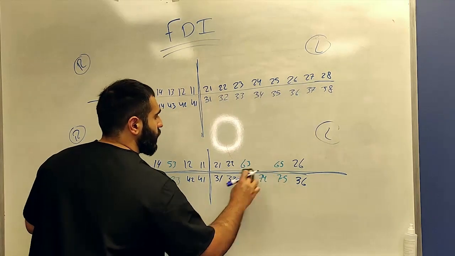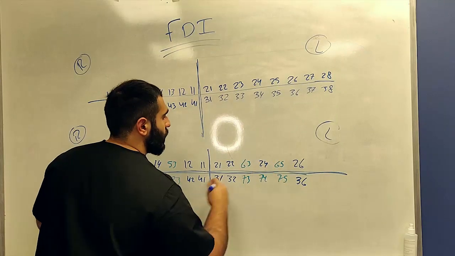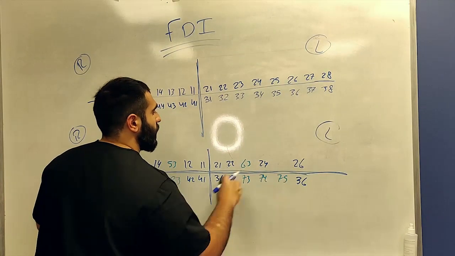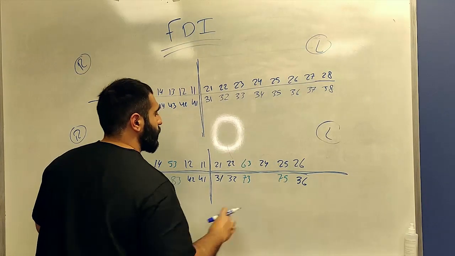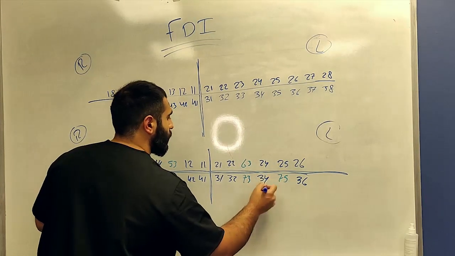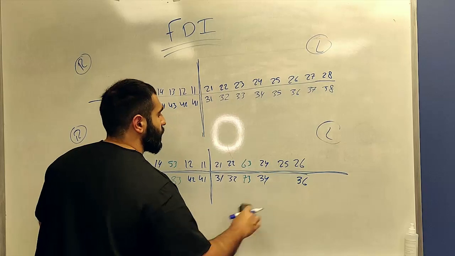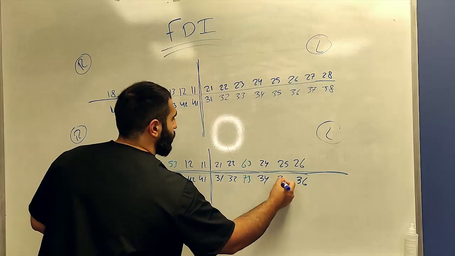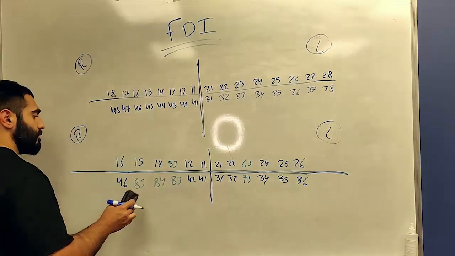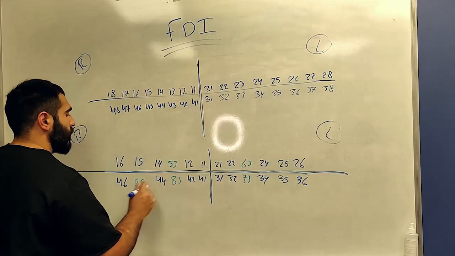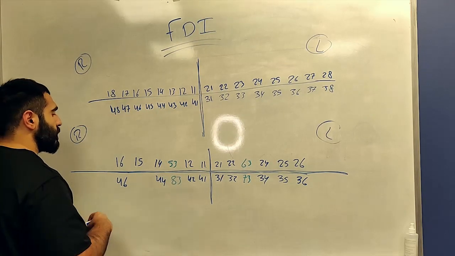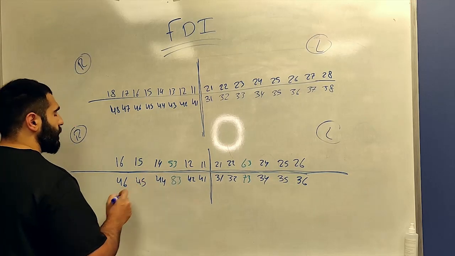Again, 6-4 becomes 2-4, and 6-5 becomes 2-5. 7-4 becomes 3-4. 7-5 becomes 3-5. Here, 8-4 becomes 4-4, and 8-5 becomes 4-5.